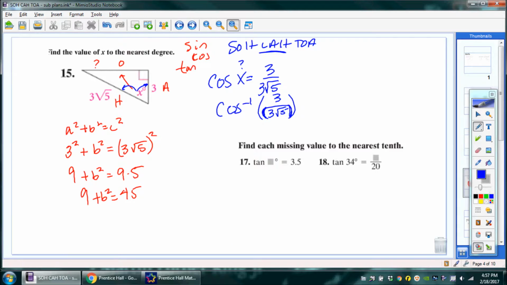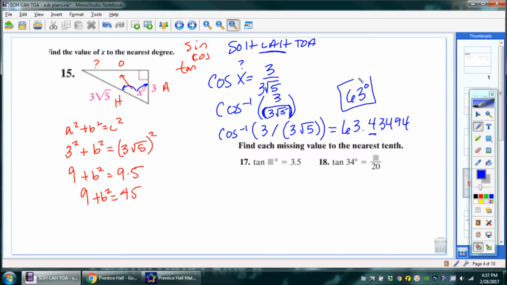Just want to make sure your calculator is doing what it's asking to. So because you can't see my calculator, I'll write out what I put in here. So I did 3 divided by parentheses, 3 square roots of 5, parentheses. And that came out to 63.43494. To the nearest degree is what the directions say. So it's going to be 63 degrees for number 15.